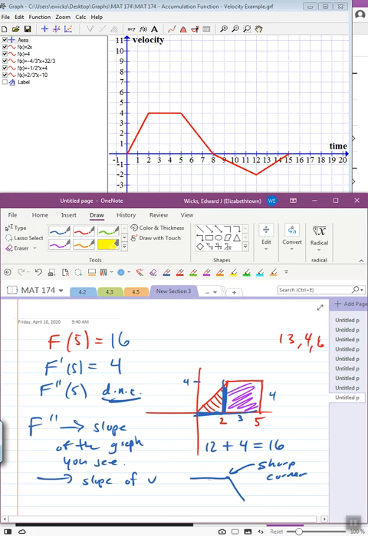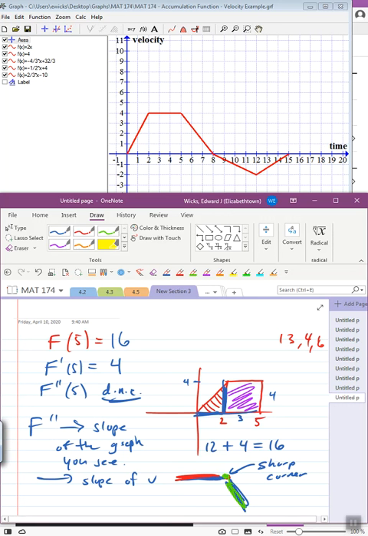Well, it would be 0 if you were on this part of the graph, and it would be a negative slope if you were on this part of the graph. But where are you? You're on that sharp corner where it's transitioning from the one to the other. So if I ask you what the slope of this part is, you would say 0. If I ask you what the slope of this part is, what is that slope? It's over 3 down 4, so the slope of that downslide part of the trapezoid is negative 4/3.